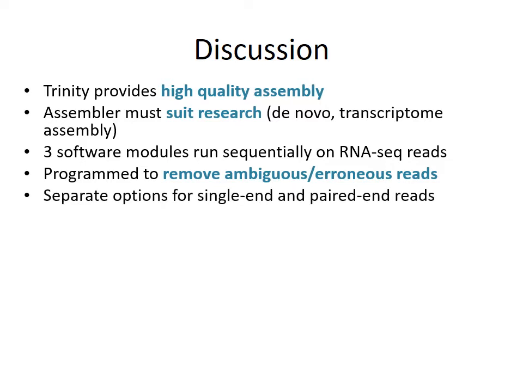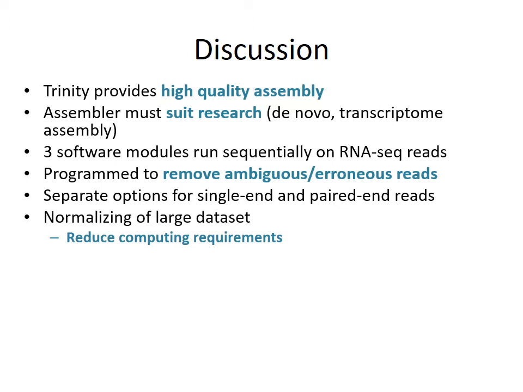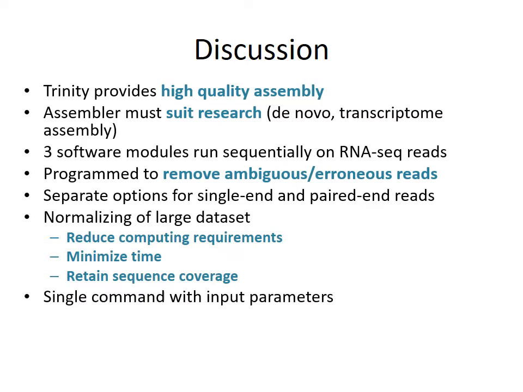In the Trinity software, separate options for single-end and paired-end reads are available. And this software is also capable of normalizing a large dataset to reduce computing requirements, minimize time, and retain sequence coverage. Within a single command with input parameters from the user, normalizing, trimming, and assembly can be done.